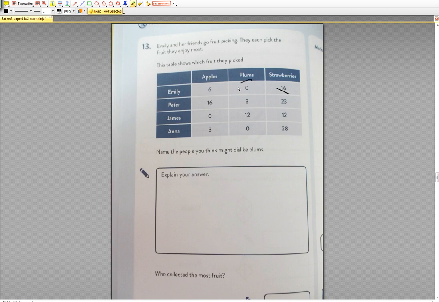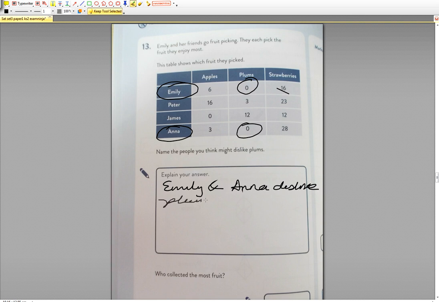So if you look here, 0 plums. 0 plums is Emily and Anna. They might dislike plums because they didn't pick any.